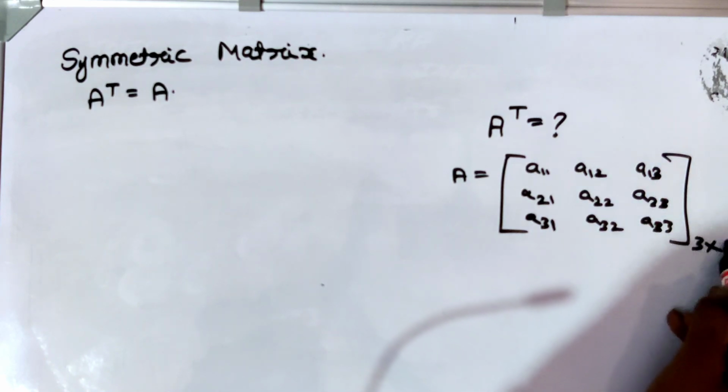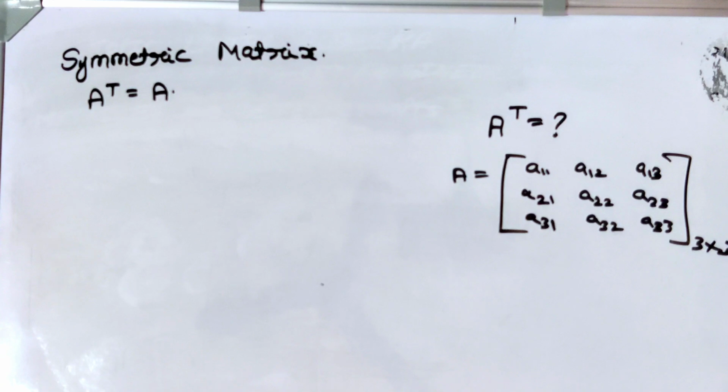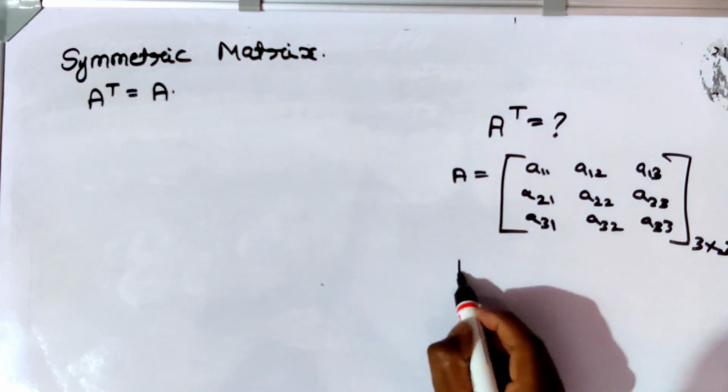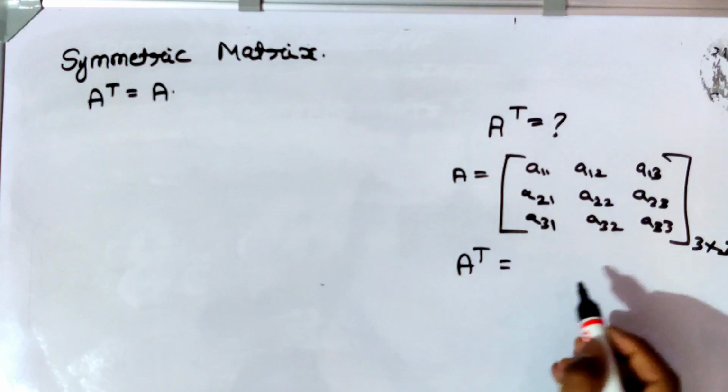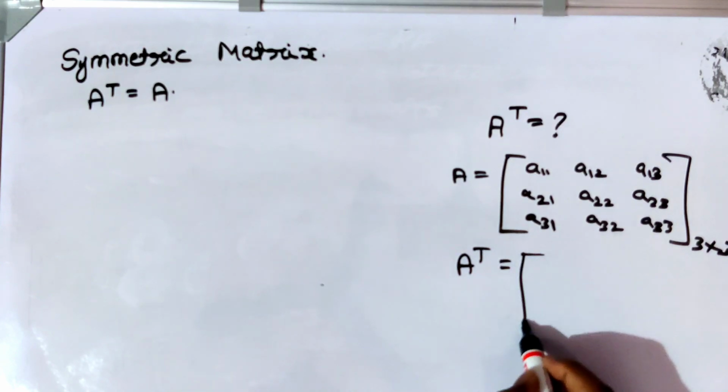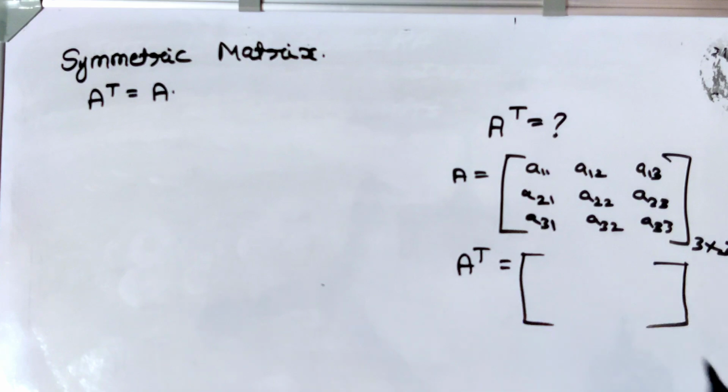Let it be a 3 cross 3 matrix. So what is the transpose of this matrix? All the rows and columns must be interchanged.